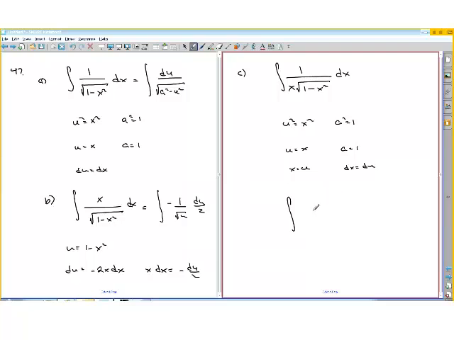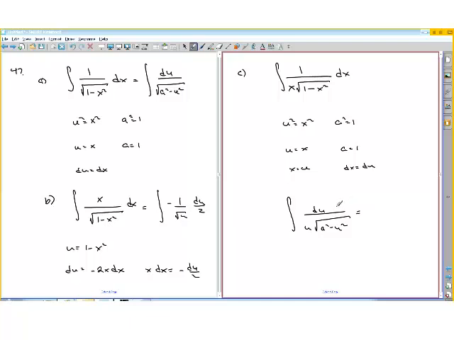So dx becomes du, x becomes u. We get the square root of a squared minus u squared. And so the answer of that is going to involve the inverse secant, or the arcsecant. So yes, we can actually solve all of these.